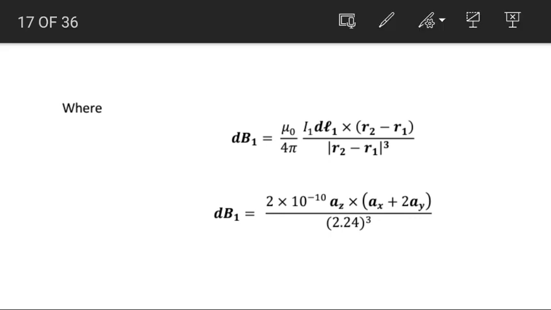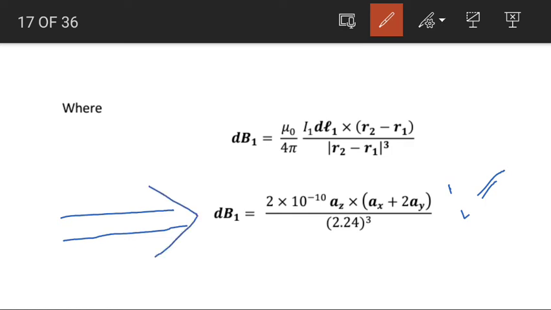and we get 2 into 10 raised to power minus 10 az cross ax plus 2y by 2.24 raised to power 3.